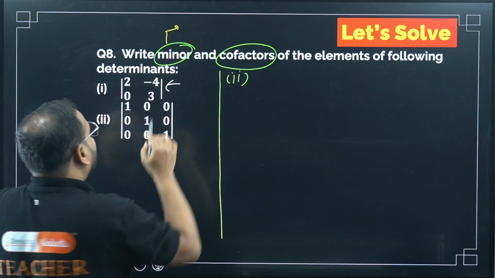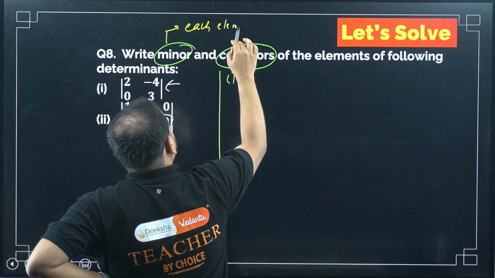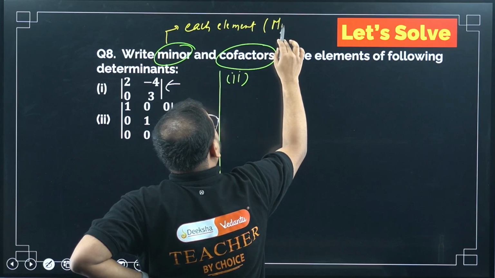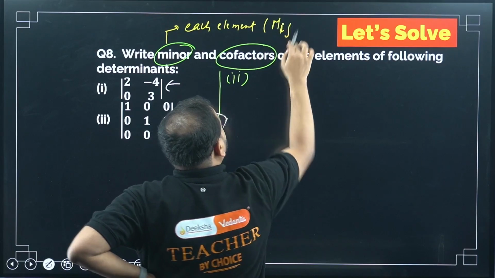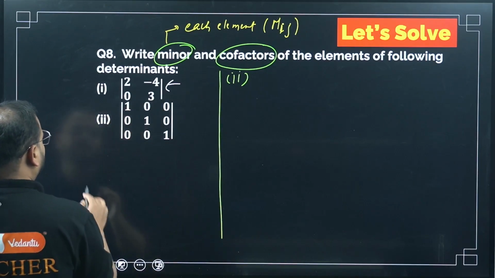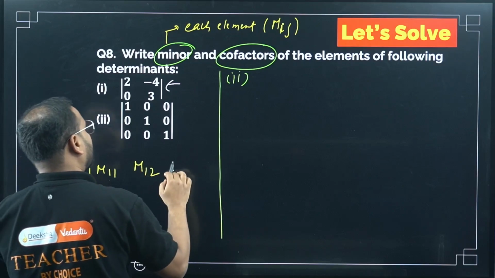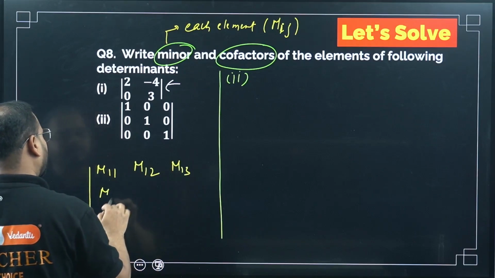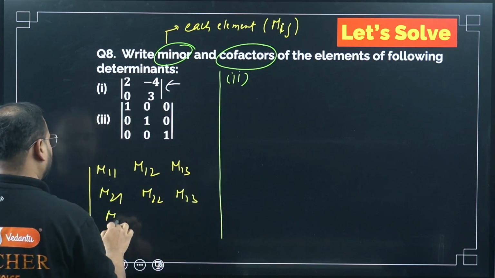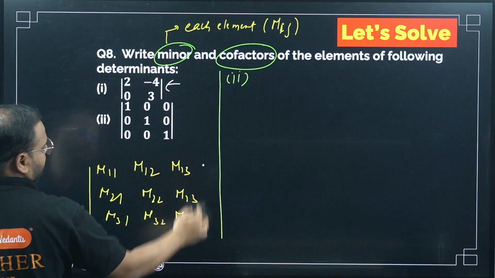It will be found across each element, given by Mij. The symbol of minor is Mij. It means that for a matrix written like this, I'll have M11, M12, M13, M21, M22, M23, and M31, M32, and M33.